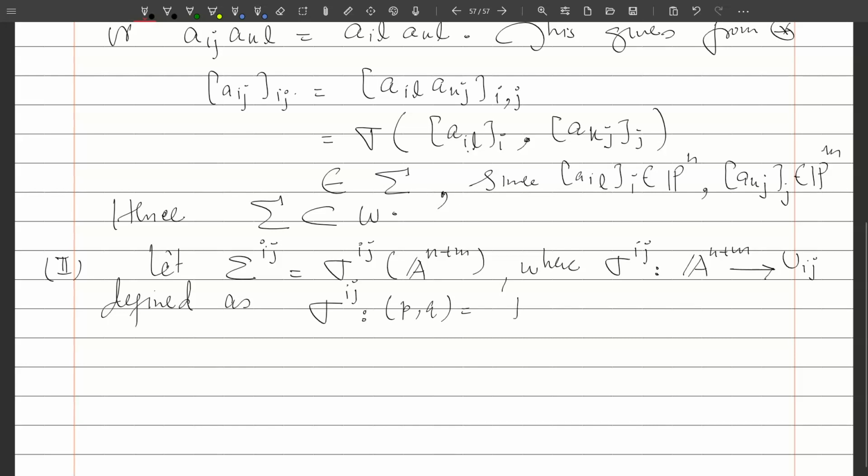This is the same as sigma of phi_i of p, phi_j of q. So this is what sigma_ij is.